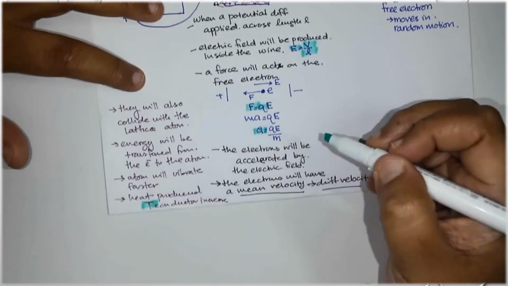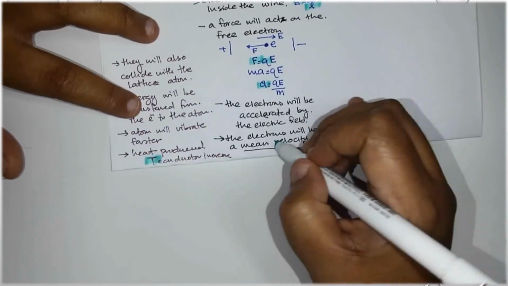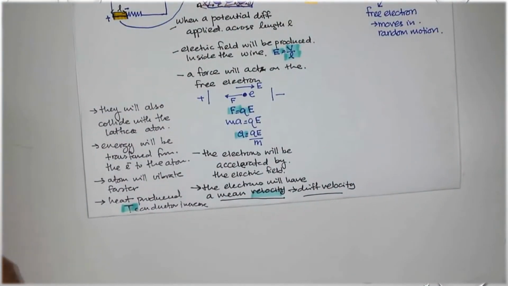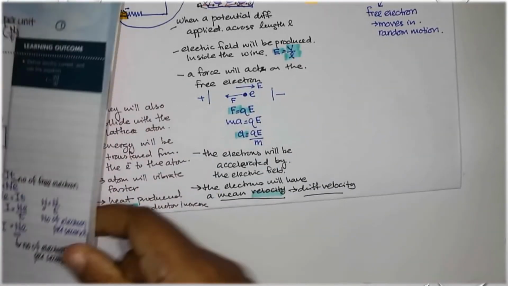To A, to velocity. So when you do the formulas in this whole entire chapter 3, all these quantities are inside the formulas. Okay, so this is the mechanism of conduction of electricity.